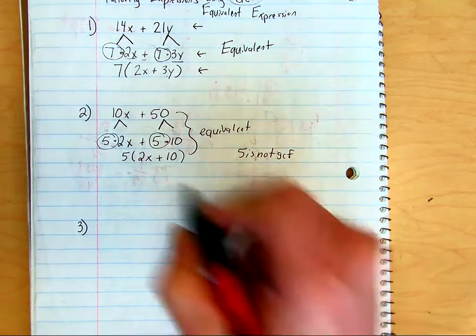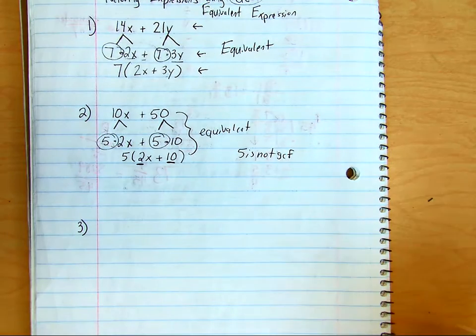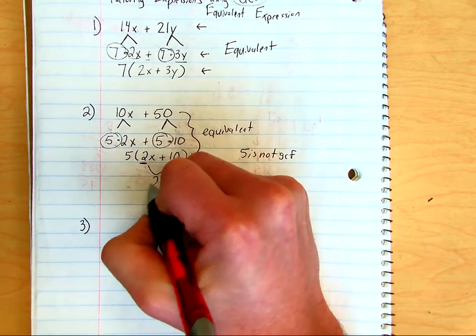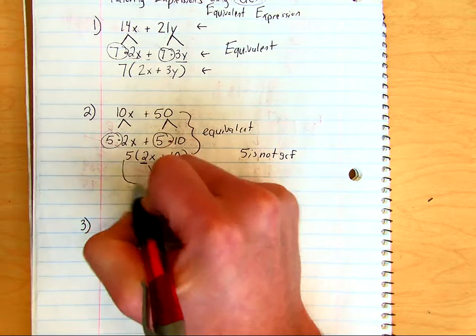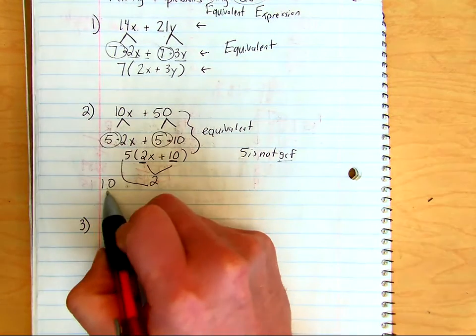How I know that is 2 and 10 still have a common factor. 2 can go into 2, 2 can go into 10. So 5 times 2 makes 10, so my greatest common factor is going to be 10.